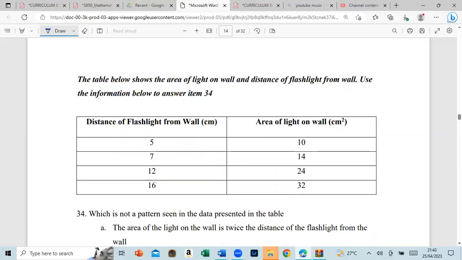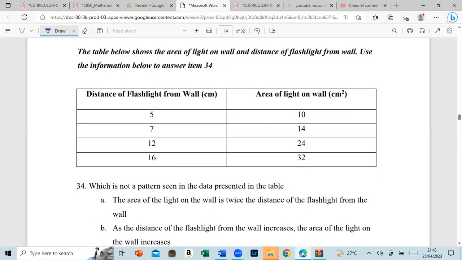The table shows the area of light on a wall and the distance of the flashlight from the wall. Use this information to answer item 34. So we have the distance of the flashlight from the wall and the area on the wall. That's 5, 10, 7, 14, 12, 24. Basically everything doubles, right? Which is not a pattern seen in the data presented in the table?